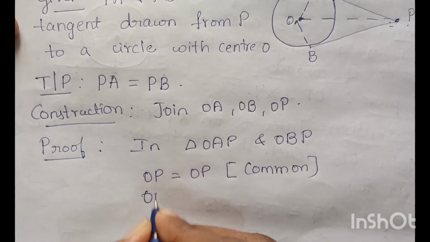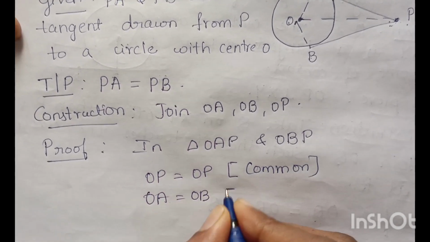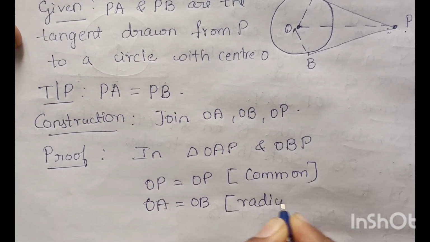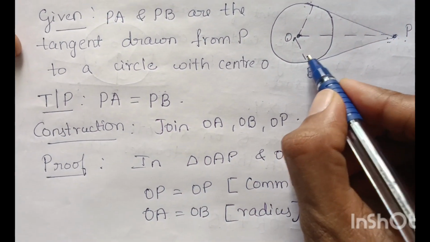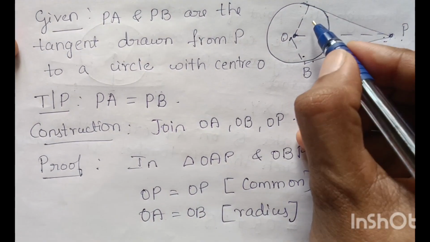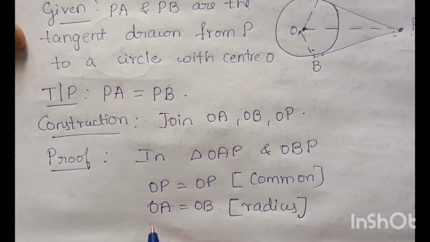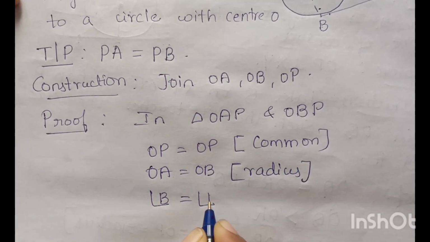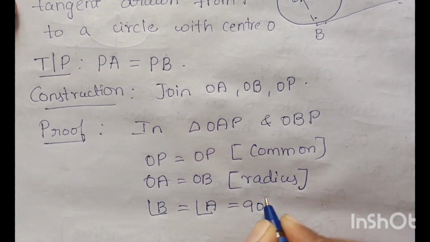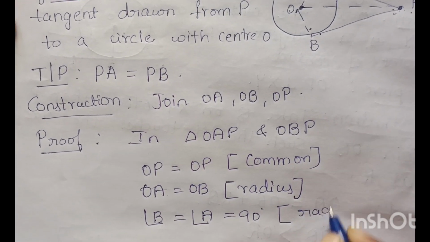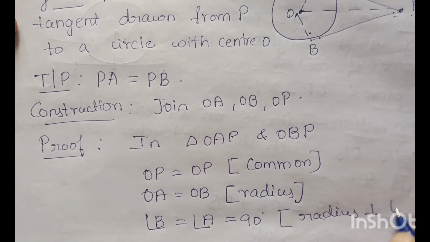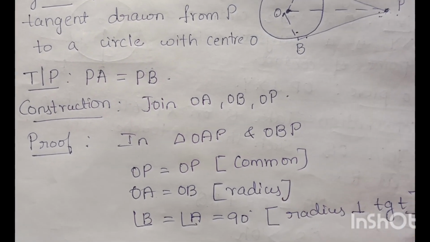And OA is equal to OB, both are radii, and angle B is equal to 90 degrees, angle A is equal to 90 degrees. Angle B is equal to angle A is equal to 90 degrees. This is because a radius is perpendicular to the tangent, from theorem 1.